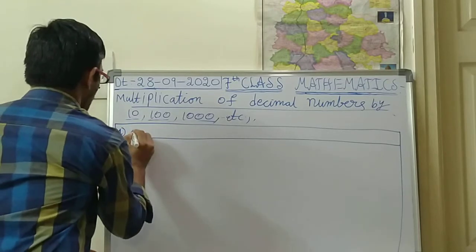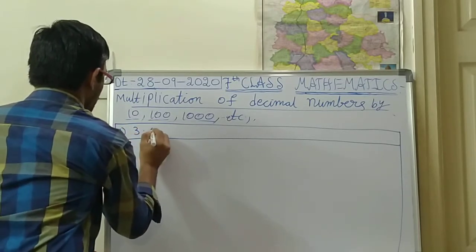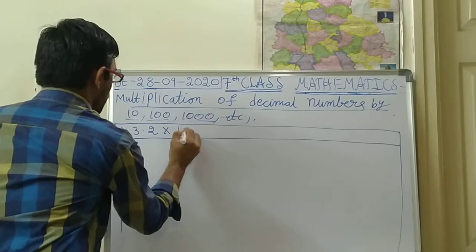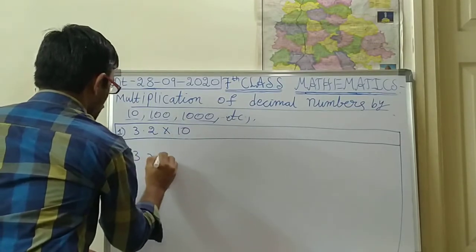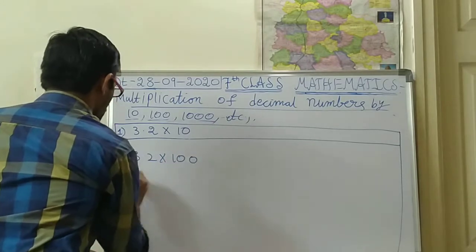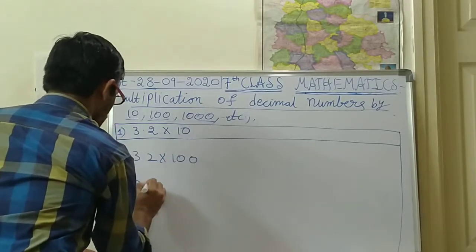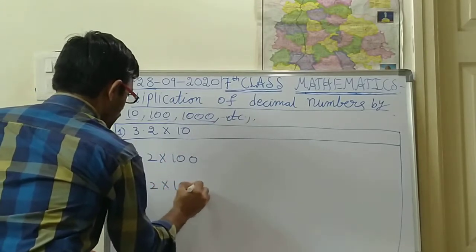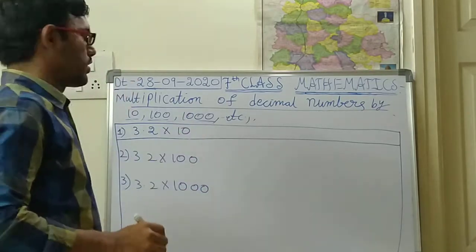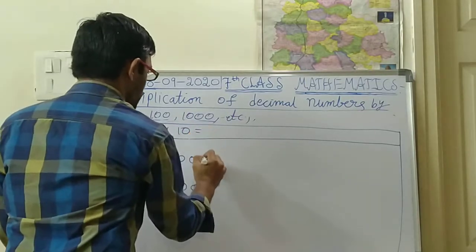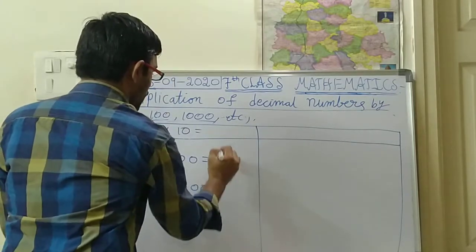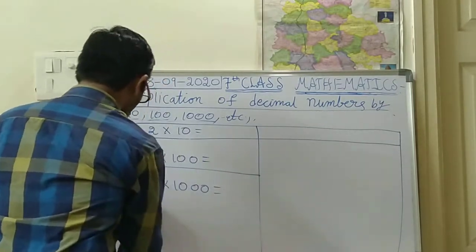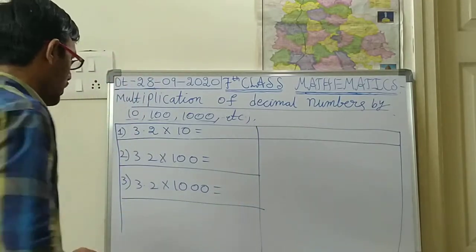First one, 3.2 into 10. Next, second one, 3.2 into 100. Next, third one, 3.2 into 1000. So this is one problem. Here you write down the result. I think you are getting my point. So next step.